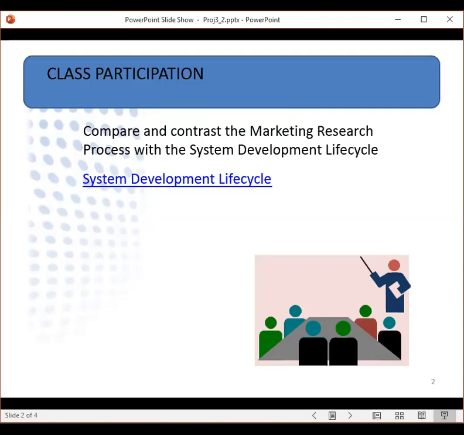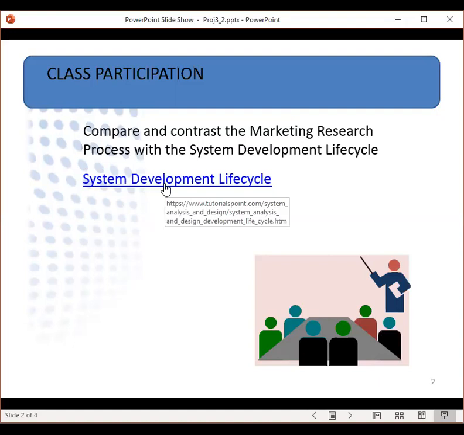So take about 20 minutes to research, and there's a link here that you can take to get a tutorial on the steps for the systems analysis of this systems development life cycle, or you can do a search yourself on the internet.